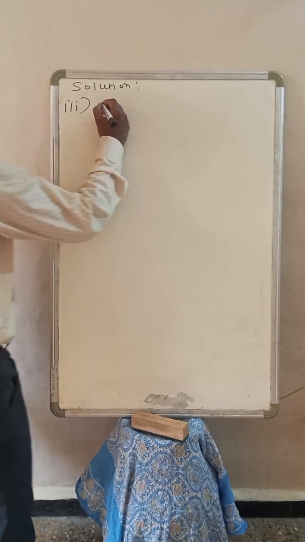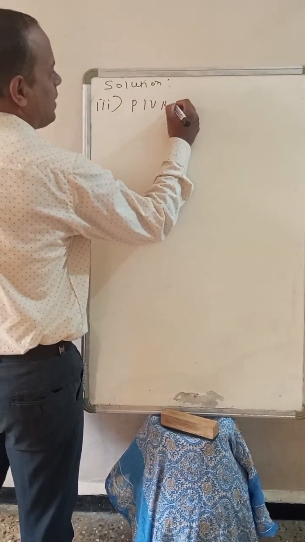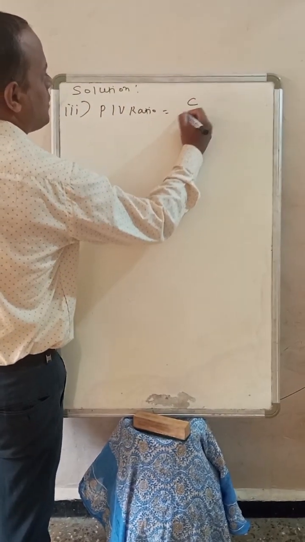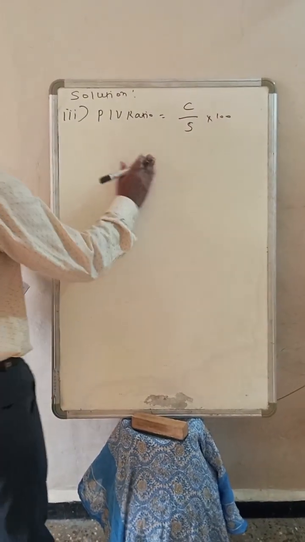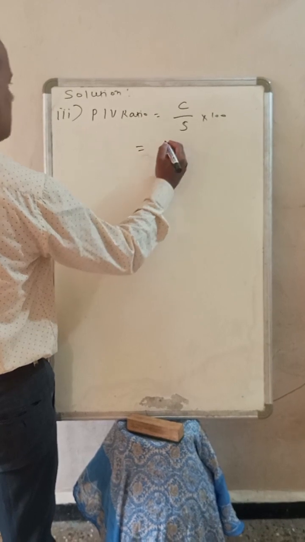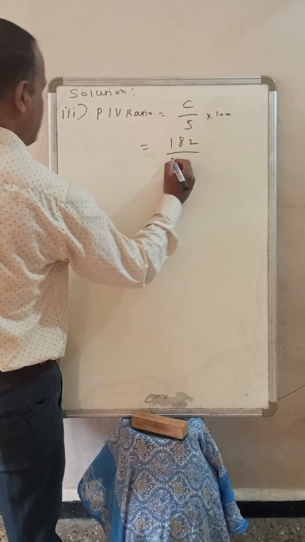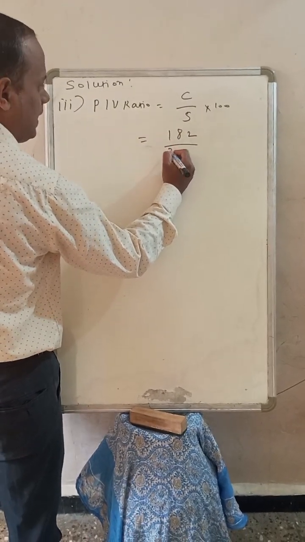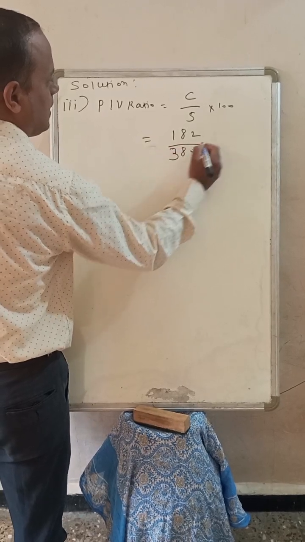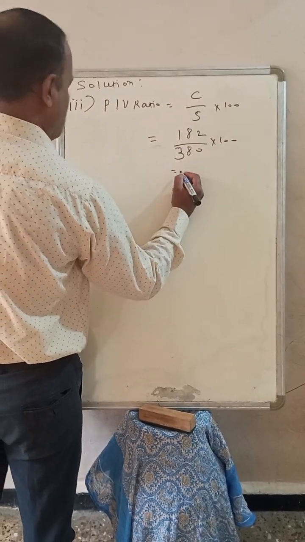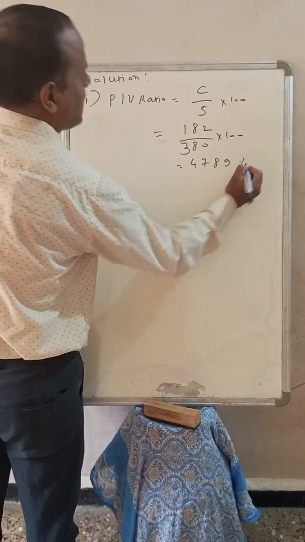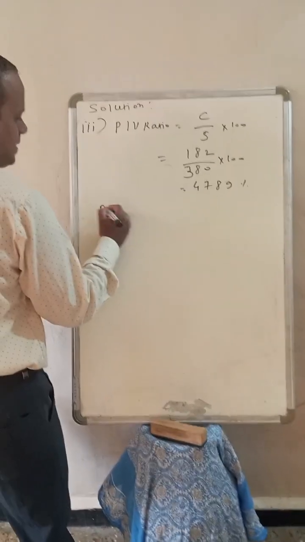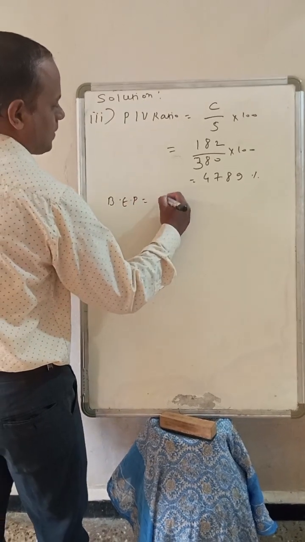Now PV ratio. It's very easy. Contribution divided by sales into 100. Your revised contribution is 182. Selling price is 380 into 100. So PV ratio would be 47.89%.